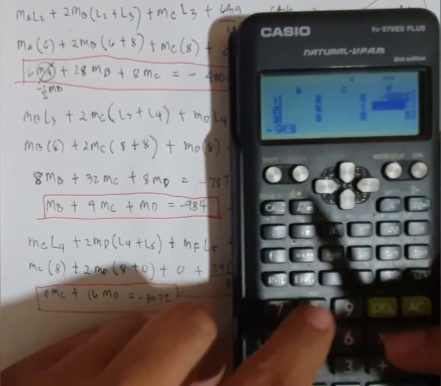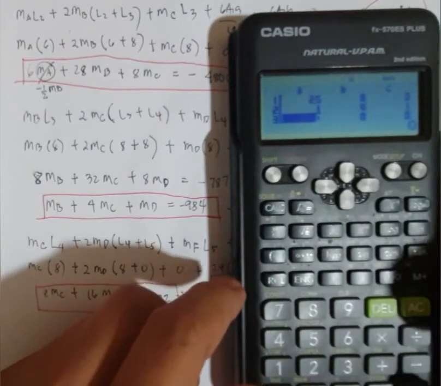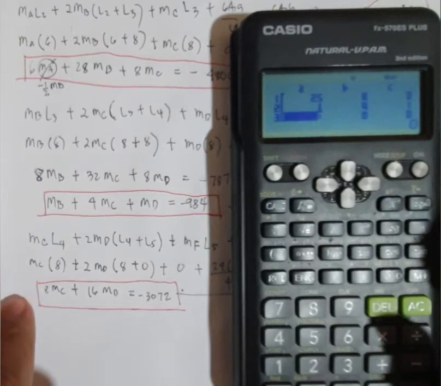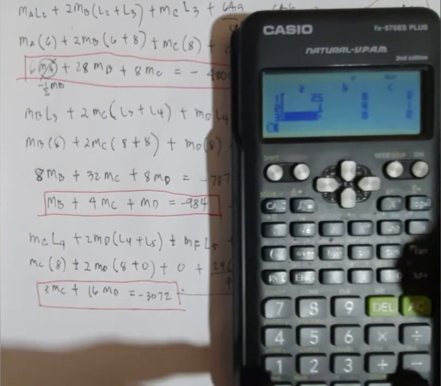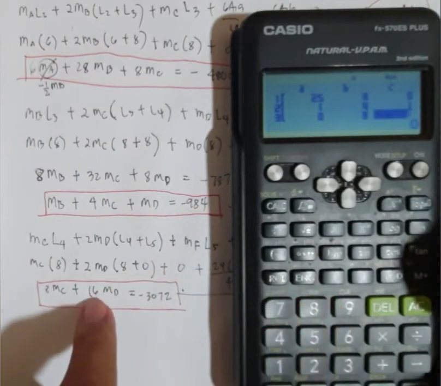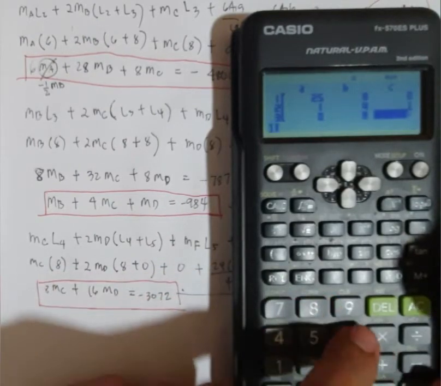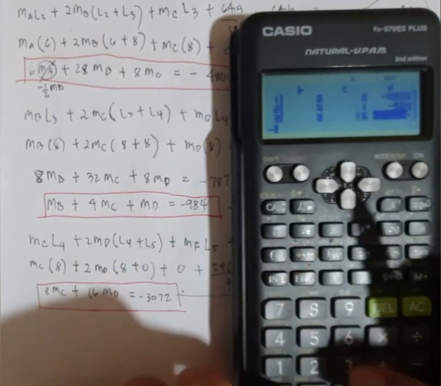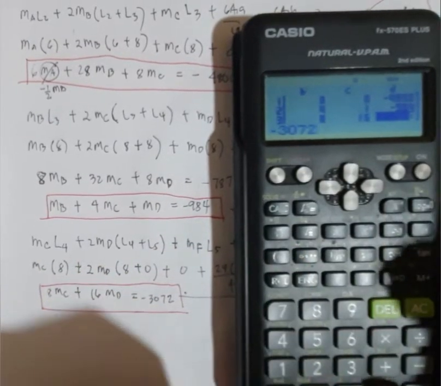Next, no MB, so 0. MC is 8, MD is 16, and the constant is negative 3072.